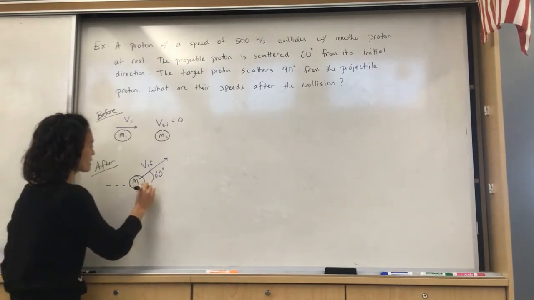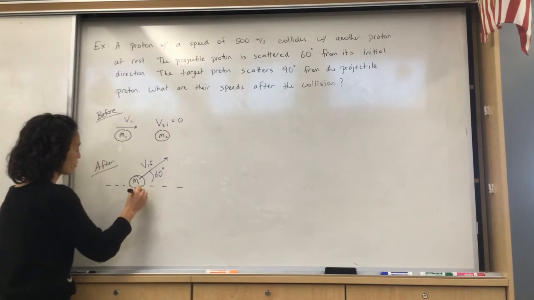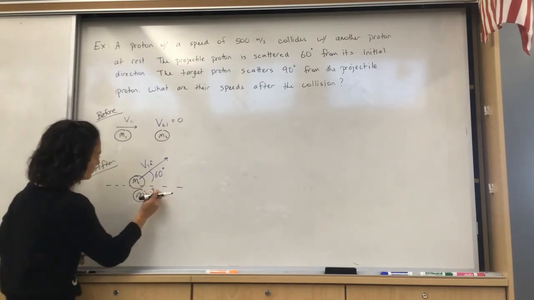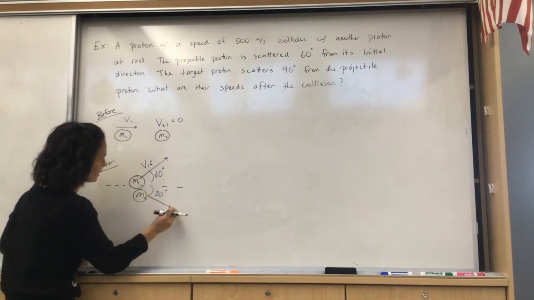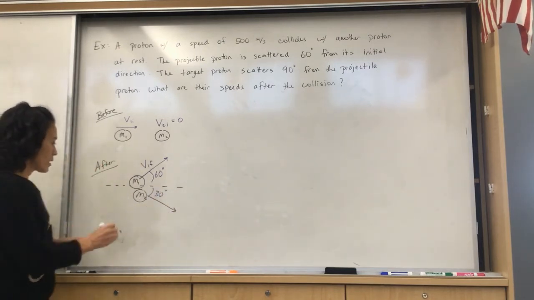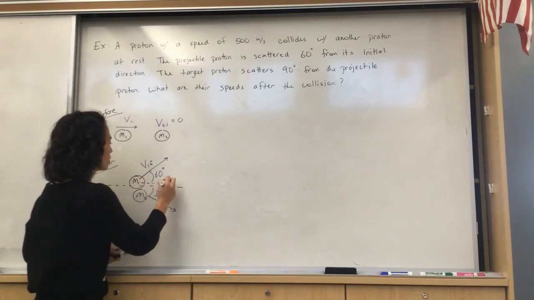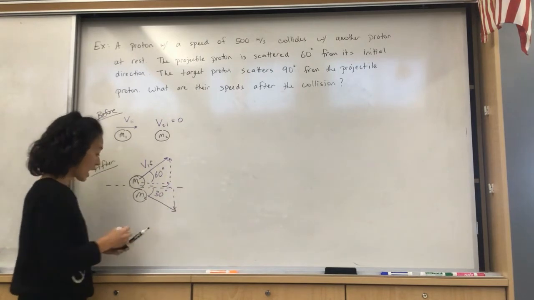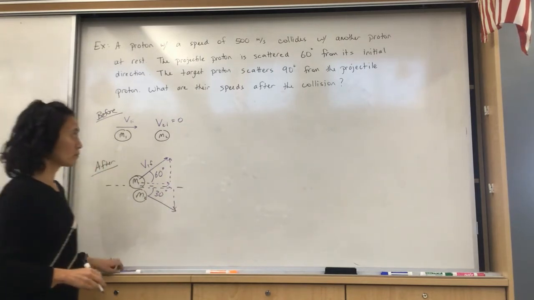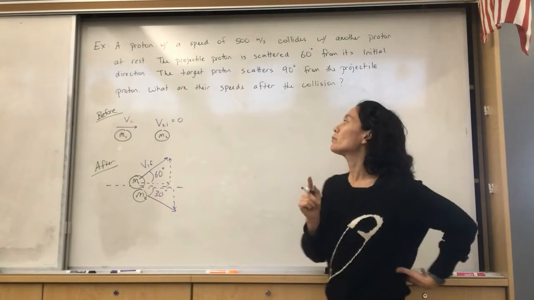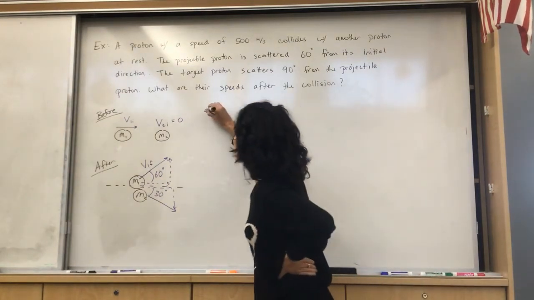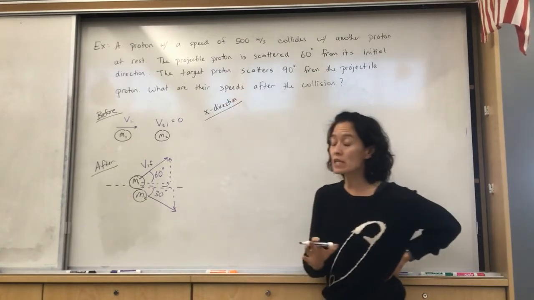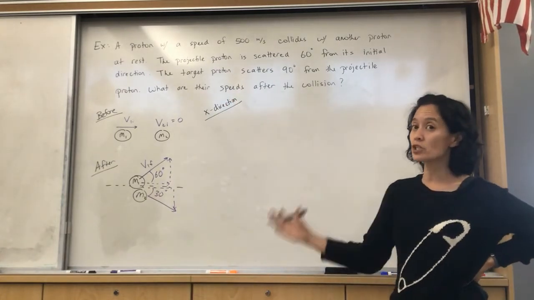So if I think about this, this guy is going to scatter like that. Okay, so they both have x and y velocities afterwards. If I think about the x direction, I'm going to skip some steps because you've seen examples of conservation of momentum.